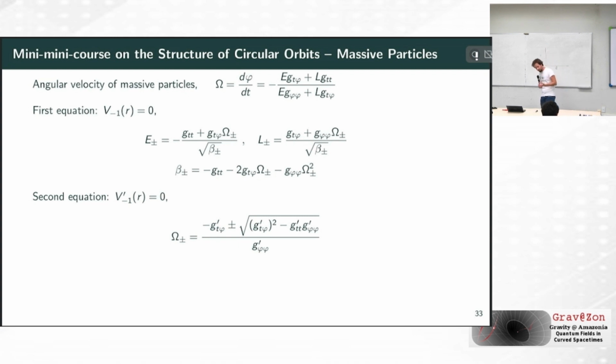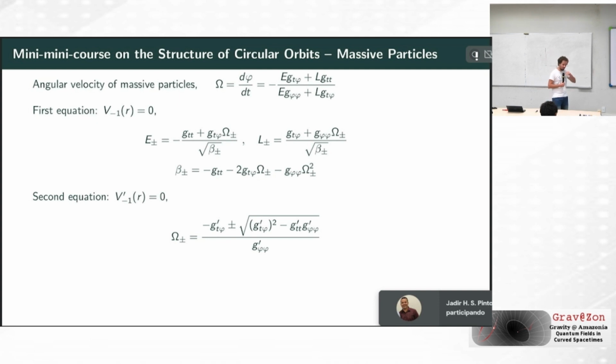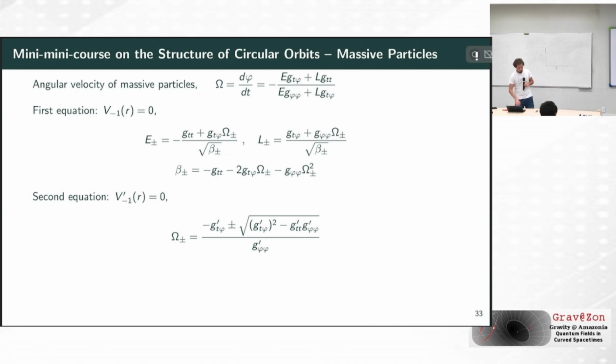And in particular, for spinning boson stars, that quantity can be negative. I will show you next that, in fact, it will be negative in some region. When that happens, this angular frequency will become complex. And in fact, what you have is a region where you don't find any circular orbits. Neither time-like, nor light rings, nor space-like. You don't have anything related to circular orbits. And this will be the case for the boson stars, as I will show you.